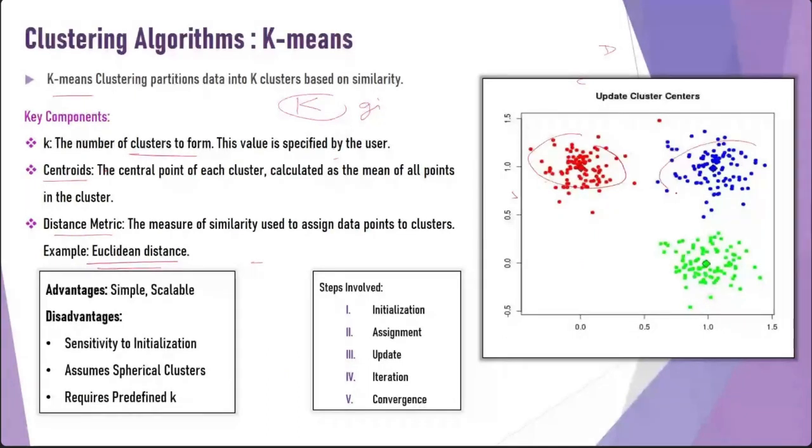So the k-means algorithm assumes that all the clusters are circular, which is a disadvantage. And it requires a predefined k, so we have to provide the k value. The algorithm cannot automatically understand how many groups to make, but we have to tell the algorithm the number of groups.